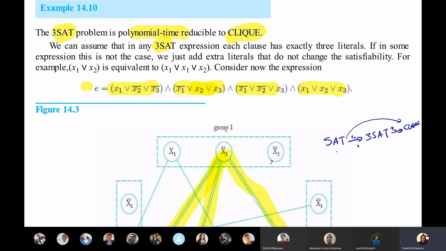I verify this. If the whole formula with those assignments is true, then I say it is satisfiable. If it's not, I don't say anything. So I guess, and then I verify. Do you remember that? That's what we did in the previous class with SAT.